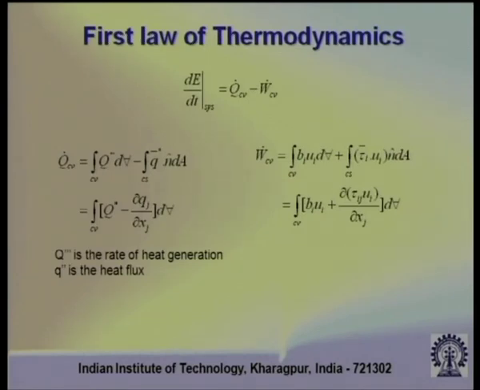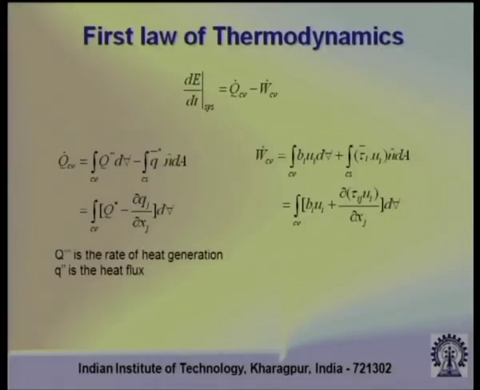So, you have to remember that it is the rate of work. So, it is just like the power, the dot product of force and velocity. So, that is why b_i u_i. So, it is a dot product. Then you have the next term, which is the surface force.